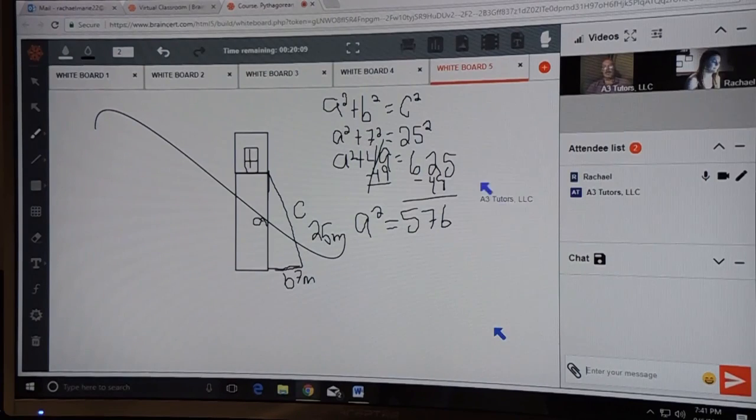Okay. Perfect. Do you want me to finish it? Yeah. What do we have to do now? What's left? Are we done with this problem? Is this 576 meters? No, because we have A squared, right? So we have to take the square root of both sides.